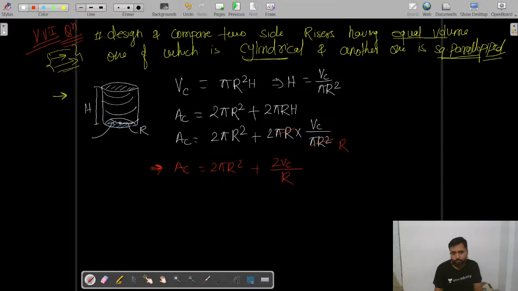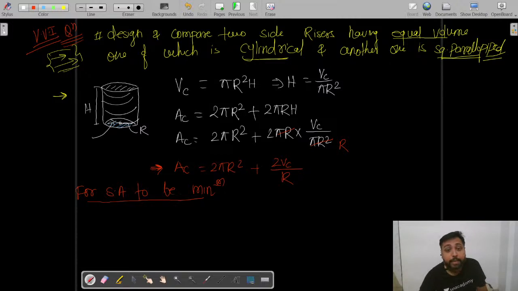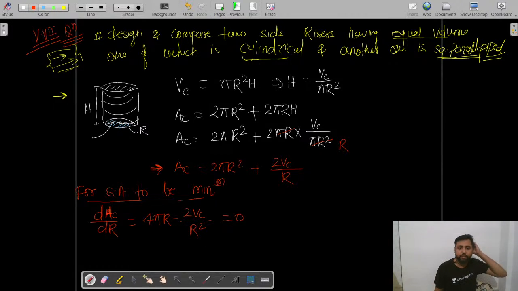Now, for the surface area to be minimum, I already told you that risers are always designed for their minimum surface area. So you can write that dAc upon dr will become 4 pi r minus 2 Vc upon r square. I am differentiating and equating it to 0.